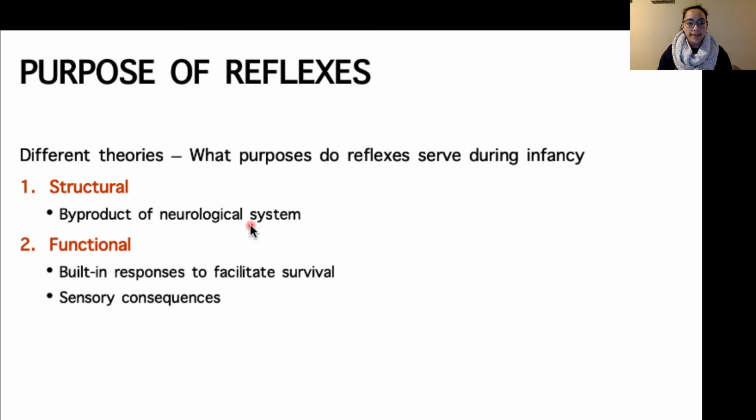The functional explanation suggests that reflexes aid in infant survival, so they provide a function. An example of a function of prenatal reflexes could be to position a fetus for delivery, for example.